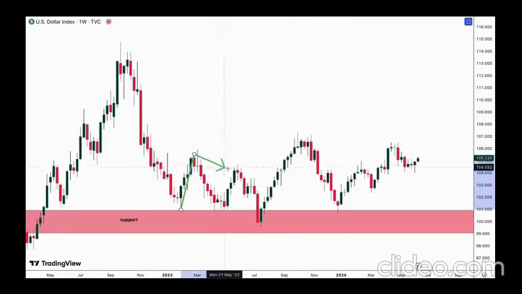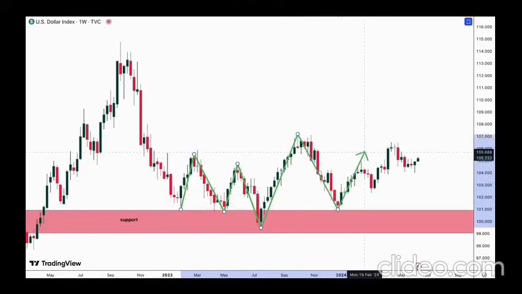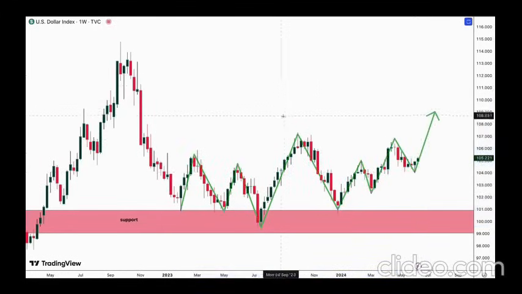The market moved like this, then like this, then like this, then like this.